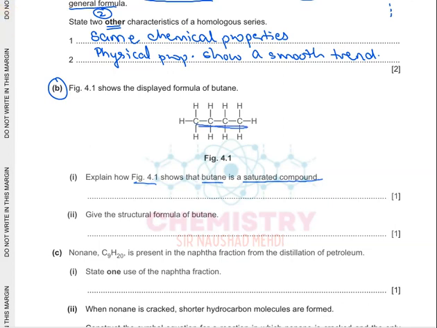So that's why it is a saturated compound. If there would be any double bond between the carbon atoms, then it would be an unsaturated compound. Right now all carbon-carbon bonds are single covalent bonds. That's why it is a saturated compound.